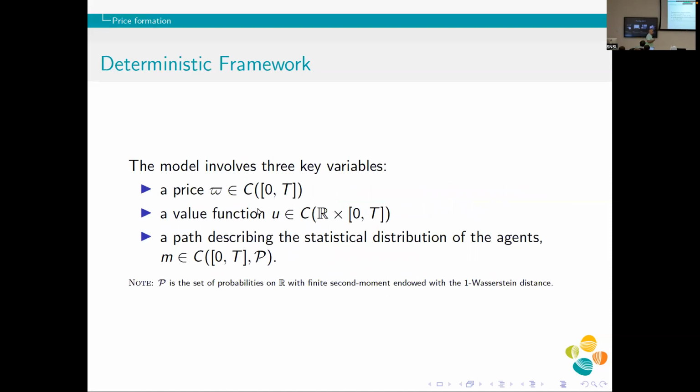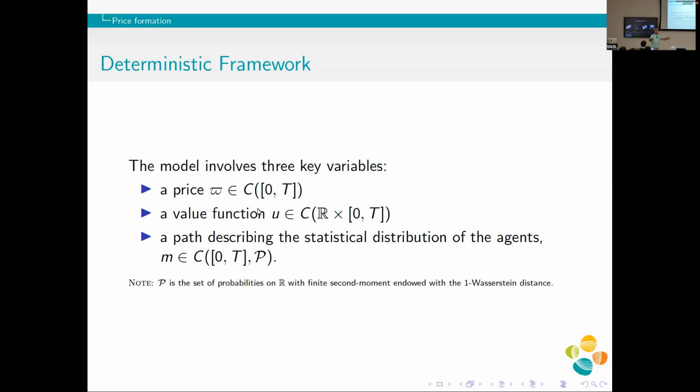In the deterministic framework, what we care about is 3 main variables: the price, which is unknown; a value function, which tells you how much you can make if you start with amount X stored at time t, between 0 and T; and a path that describes the statistical distribution of the agents.